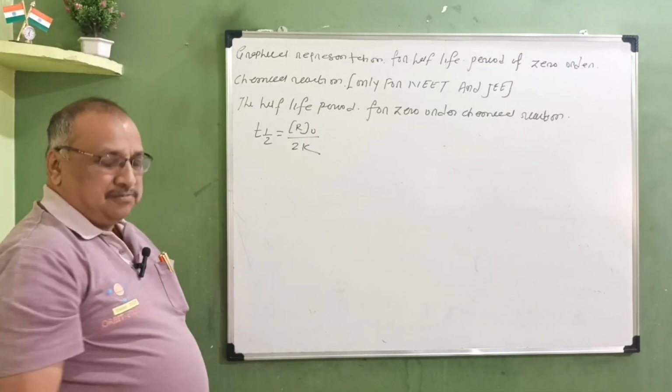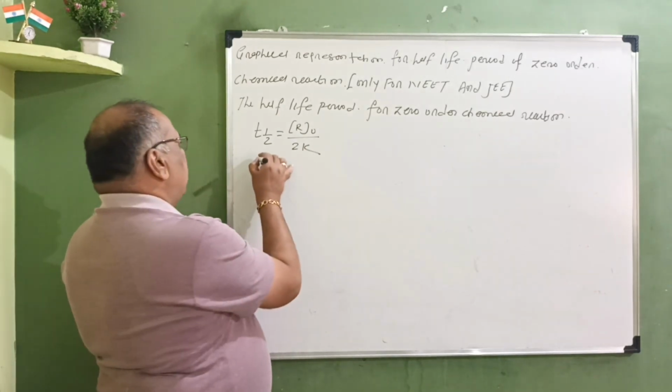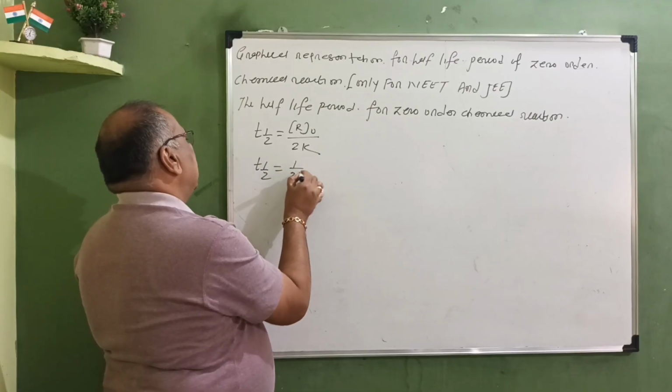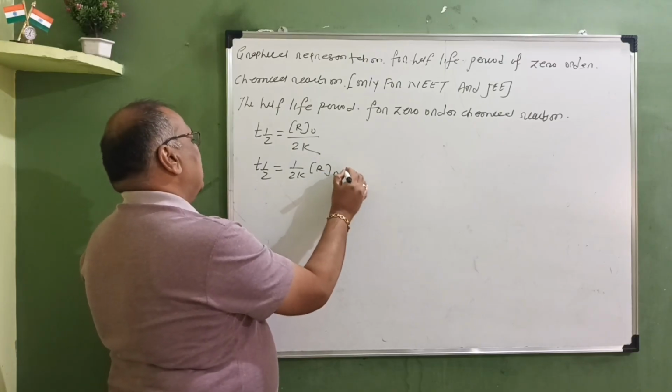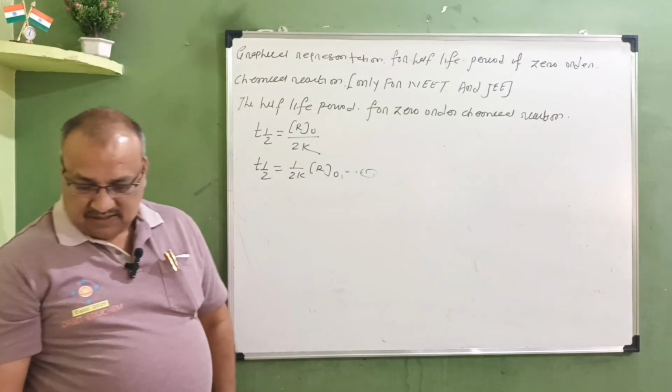That means T half is equal to 1 by 2K into R0. Now suppose this is your equation number 1. That means the graph is obtained by plotting T half and concentration of reactant at time t equal to 0.